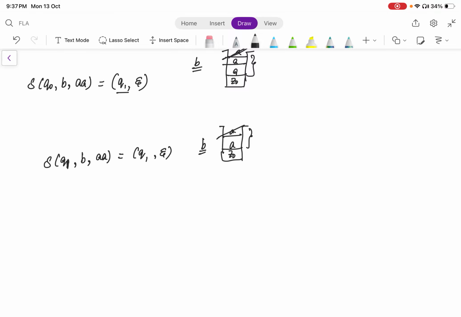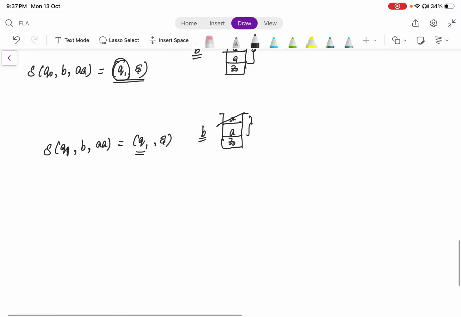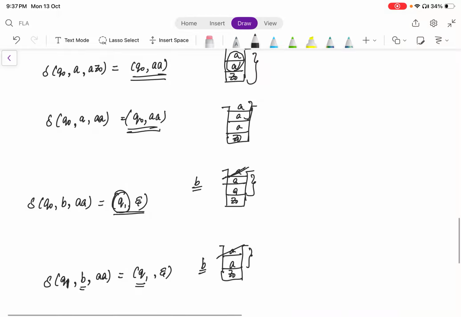For the first pop operation only you have to change the state. After that you don't have to change the state as long as it is the same symbol. If it is a different symbol and a pop operation, in that case you have to change the state again. So now you have popped the second a also.